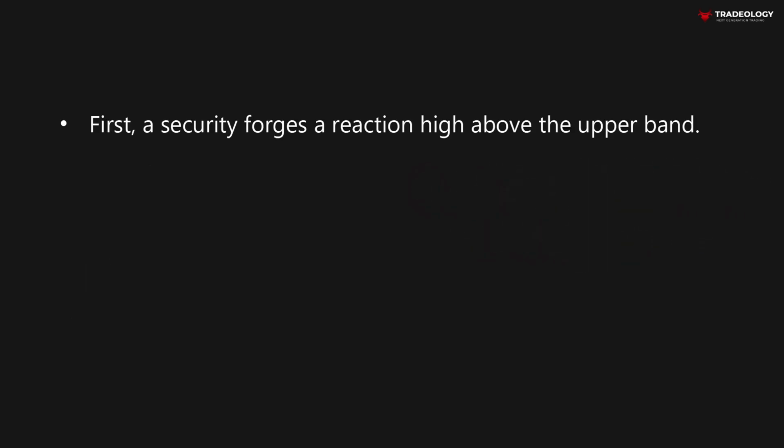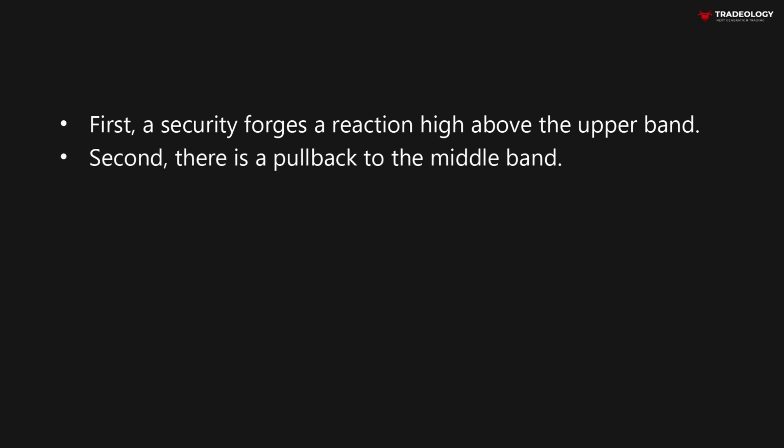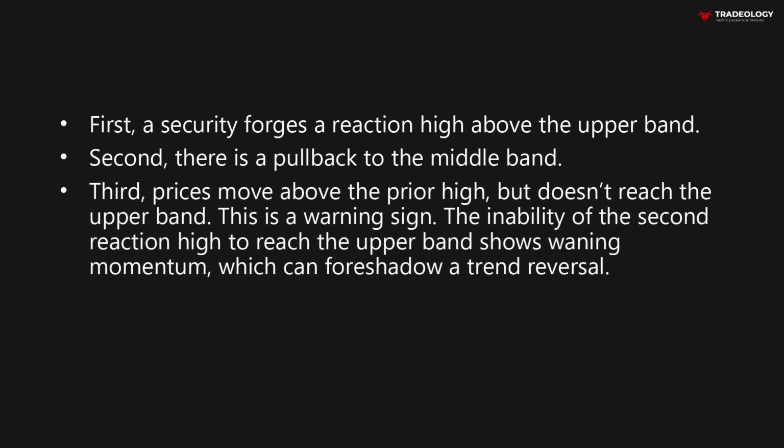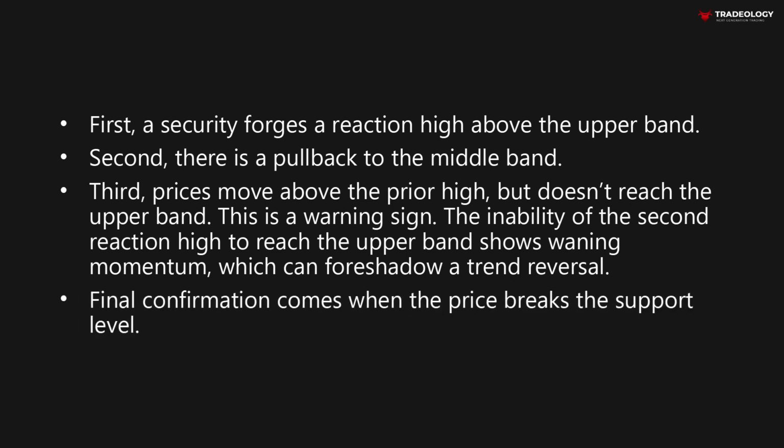First, a security forges a reaction high above the upper band. Secondly, there is a pullback to the middle band. Third, price moves above the prior high, but doesn't reach the upper band. This is a warning signal. The inability of the second reaction high to reach the upper band shows waning momentum, which can foreshadow a trend reversal. Final confirmation comes when the price breaks the support level.